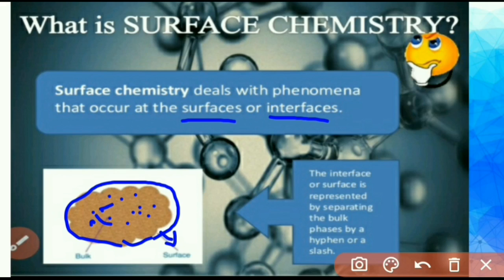The interface is the boundary between the bulk and the surface area, and the interface or surface is represented by separating the bulk phases by a hyphen or a slash.